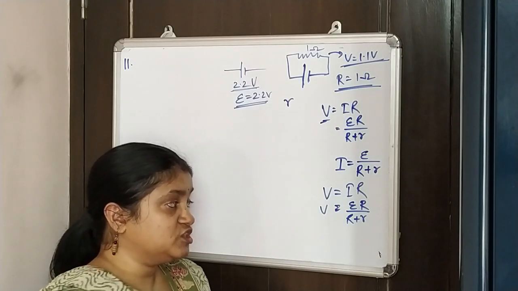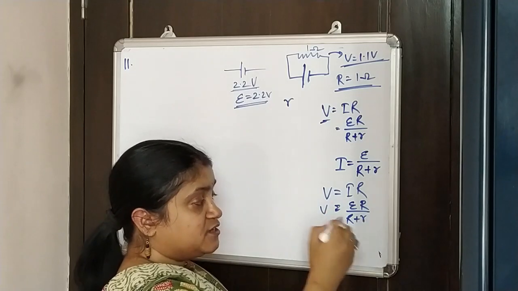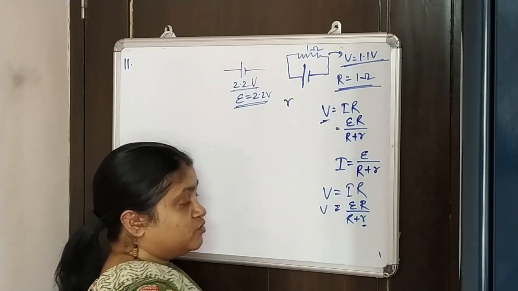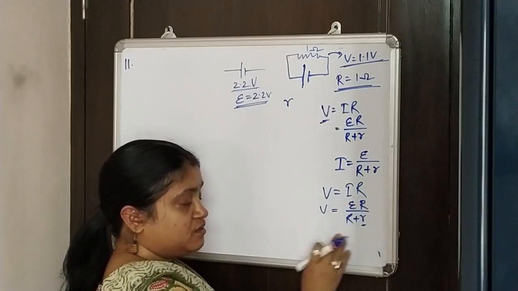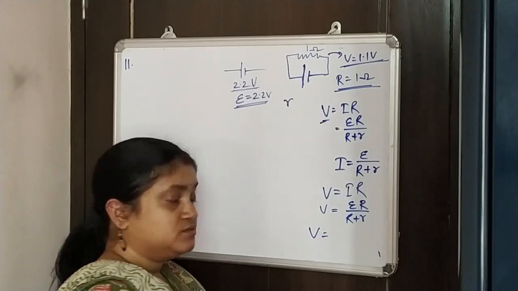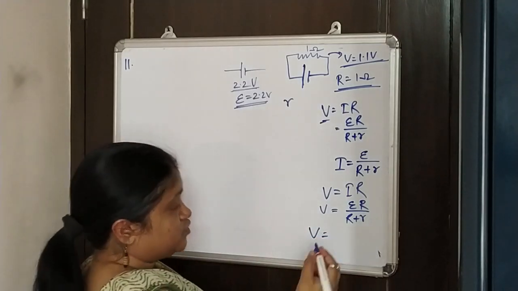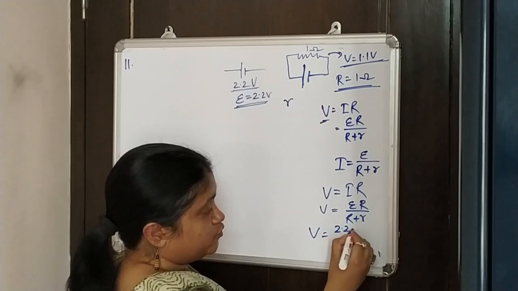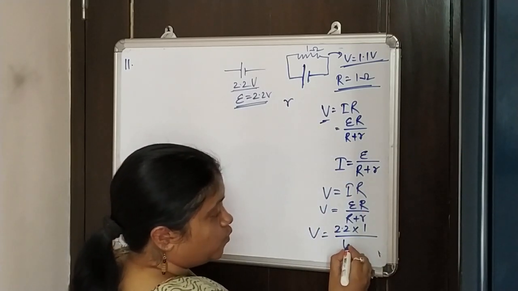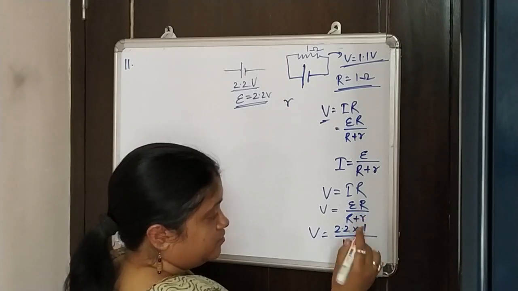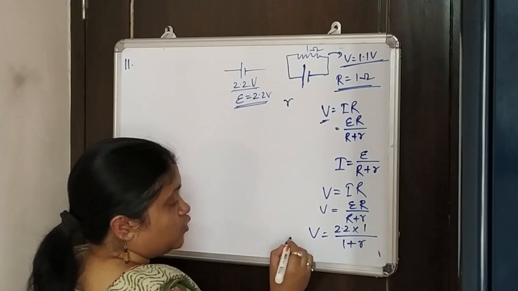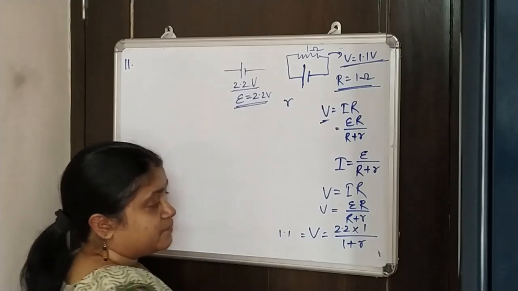And you see all these things are known except the internal resistance, which we are supposed to find out. So V is epsilon R by R plus r, and now we are just going to substitute all the values. Epsilon is 2.2, into R is 1 ohm, and this is 1 ohm plus r, and this terminal potential is given by 1.1, right?